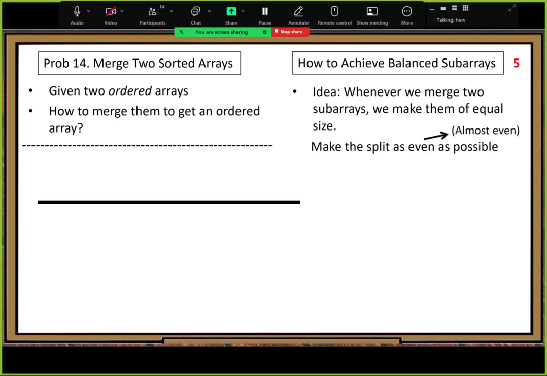So we get two subarrays with almost the same size. It depends on whether n is even or odd. If n is even, we get an even split. If n is odd, one subarray has one more element than the other. That's simple. So that's the first split.